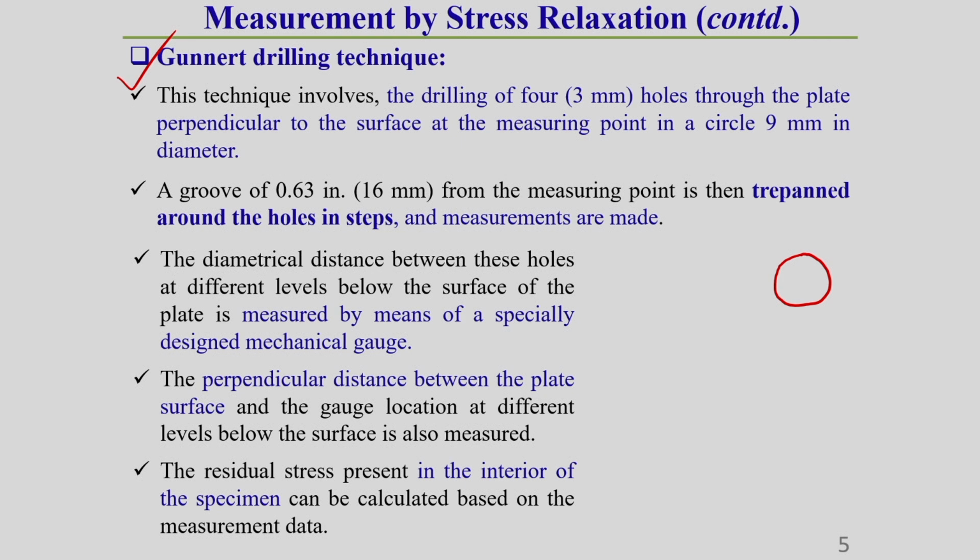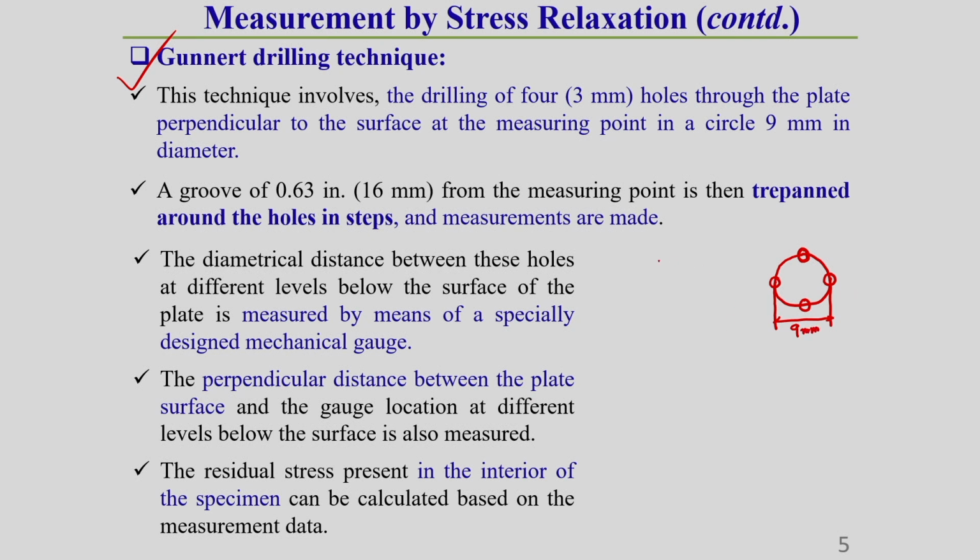We generally make 3 millimeter diameter drilling holes, and the distance from one drilling hole center to the opposite side drilling hole center is 9 mm. Okay, you should keep this in mind. So, here you see, the distance from the center of this drill hole to the center of this drill hole is 9 mm.